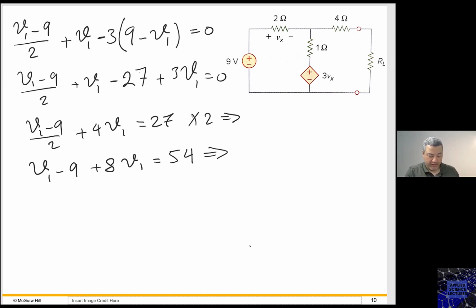Then 9V1 equals 54 plus 9, 63, then V1 is 7 volt.